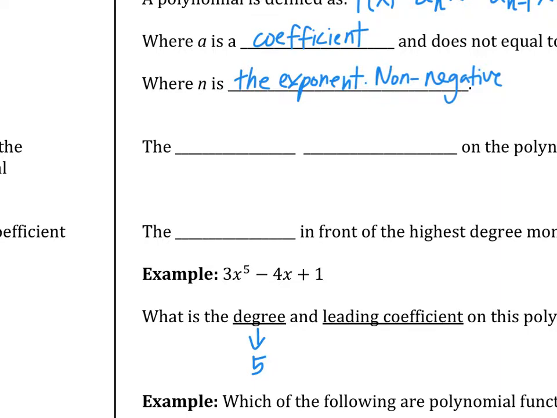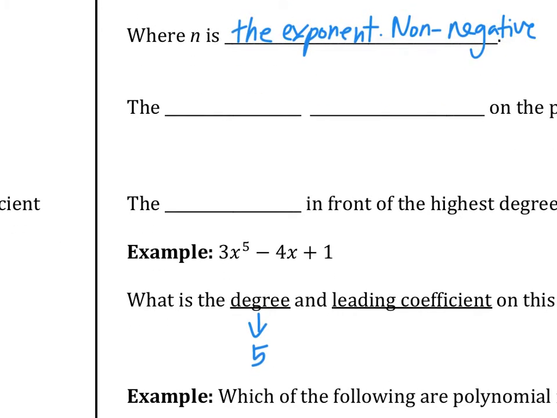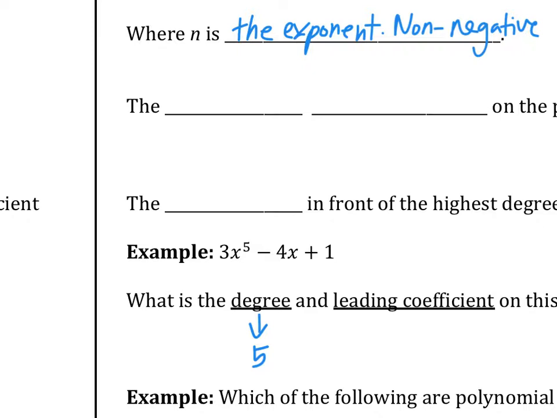What exponent though? Okay, degree is 5, but why is it 5? Why is it not 6? Why is it not 1? The highest number. The highest exponent.